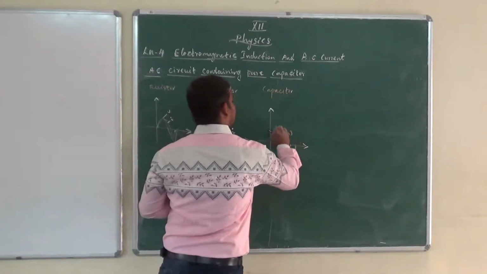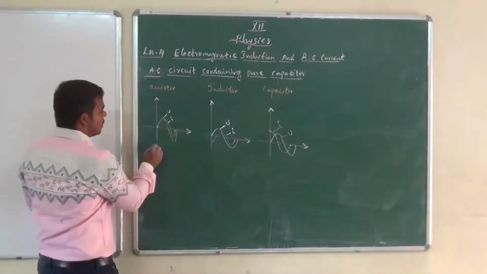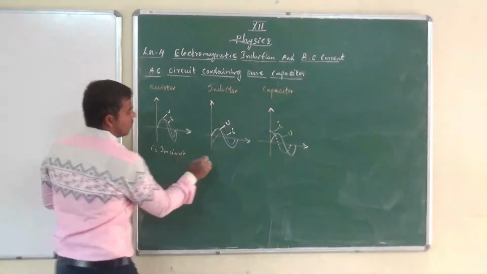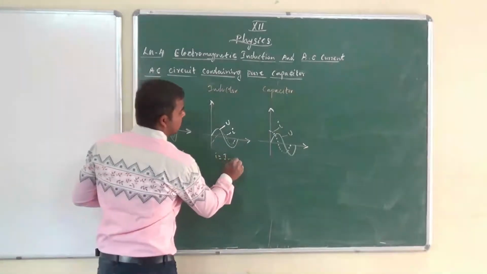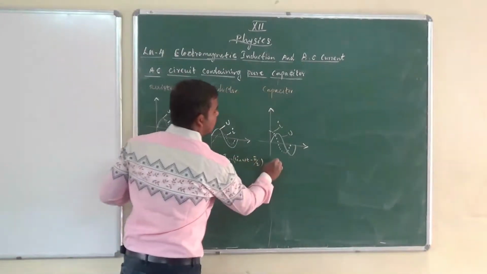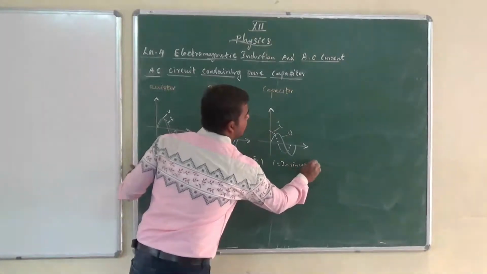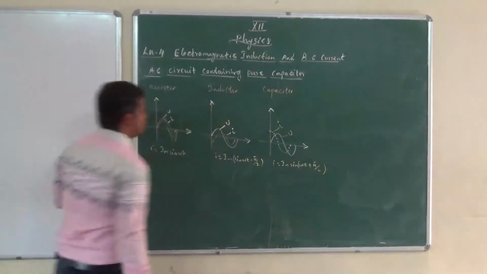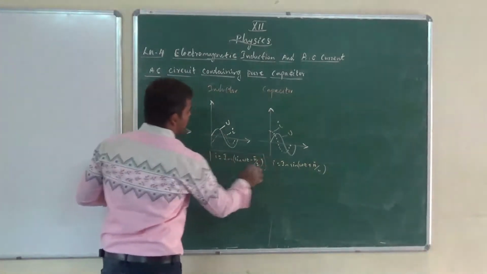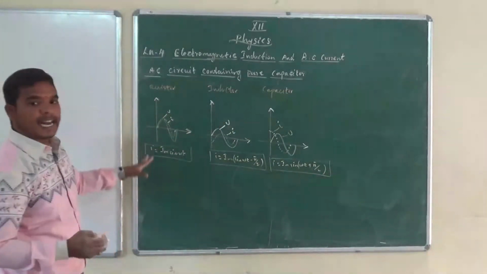So I is equal to Im sin omega t for the resistor, I is equal to Im sin omega t minus pi by 2 for the inductor, I is equal to Im sin omega t plus pi by 2 for the capacitor. See the equations and the phasor diagrams.